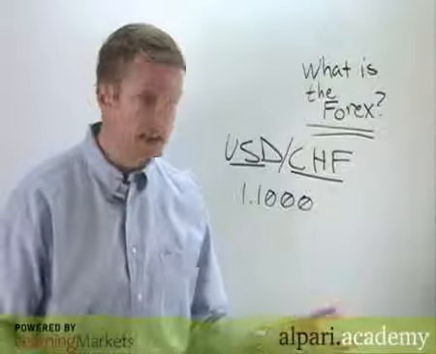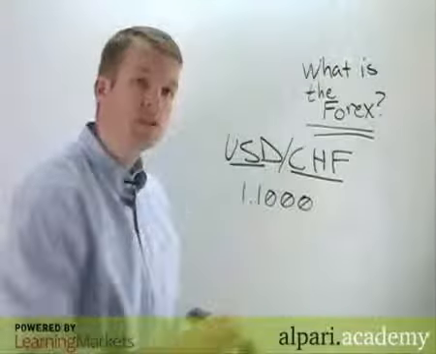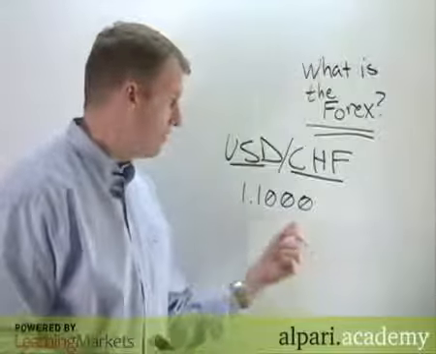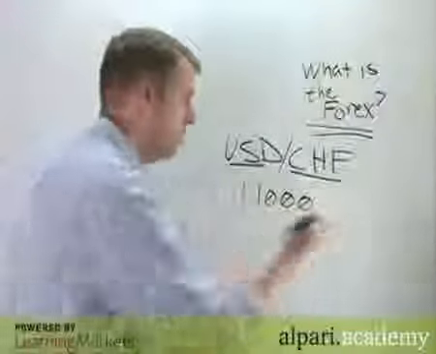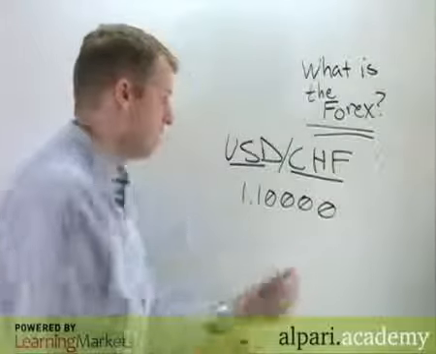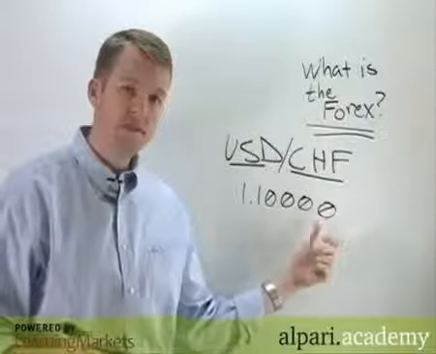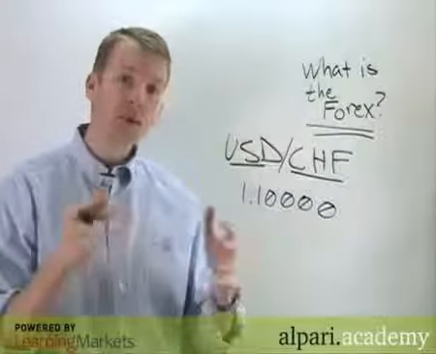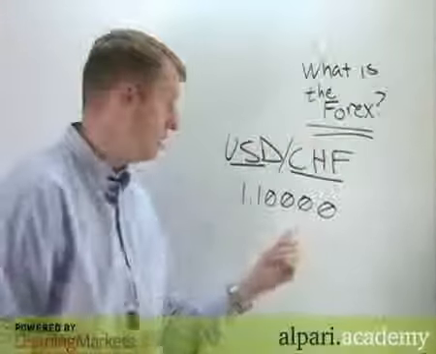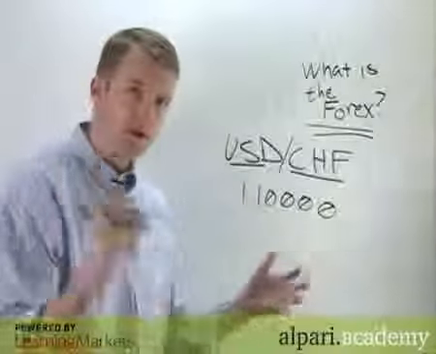Now some time has elapsed, the relative value between these two currencies has changed, and they now have an exchange rate of 1.1000, or in some cases you'll see the quote taken out to the 5th decimal place. So it's changed. Essentially we've lost 1,049 pips in the exchange rate. It's actually dropped that much.